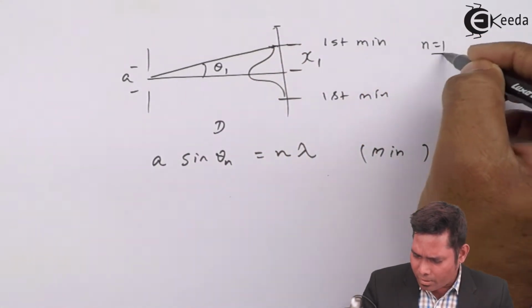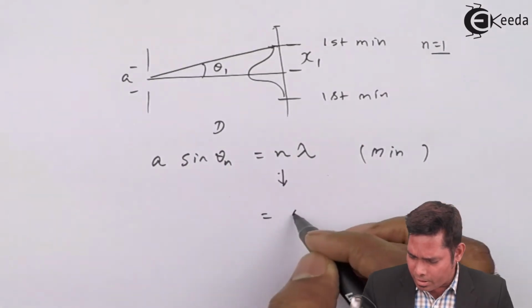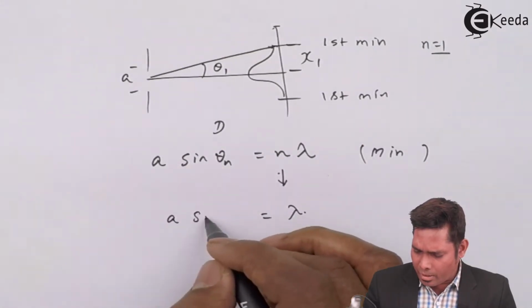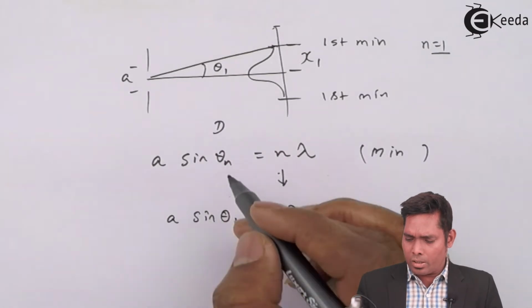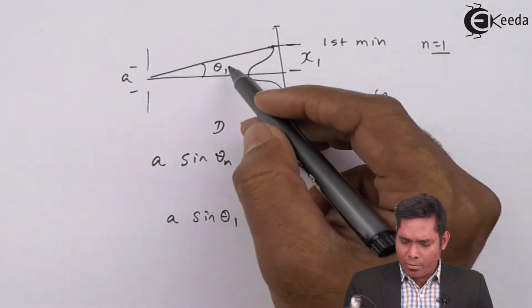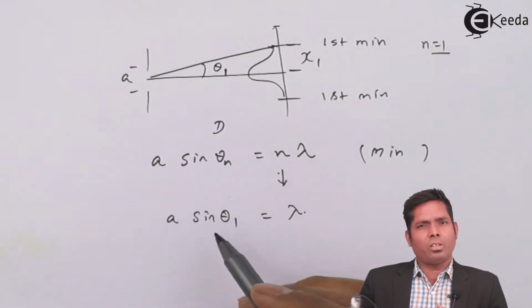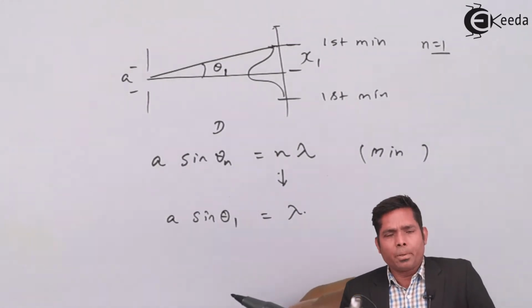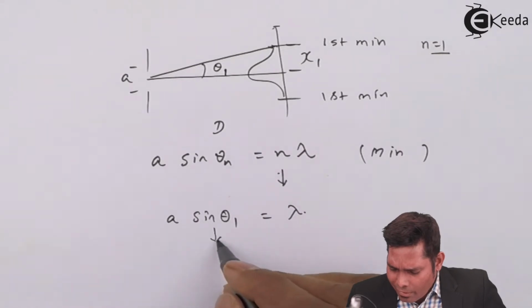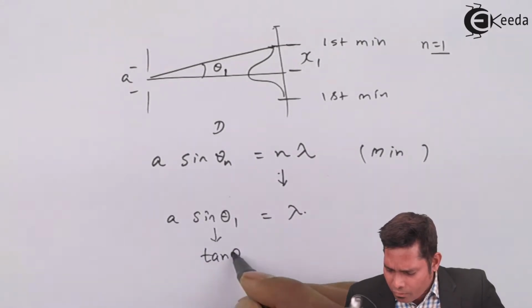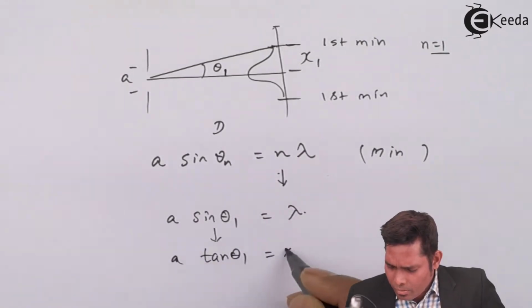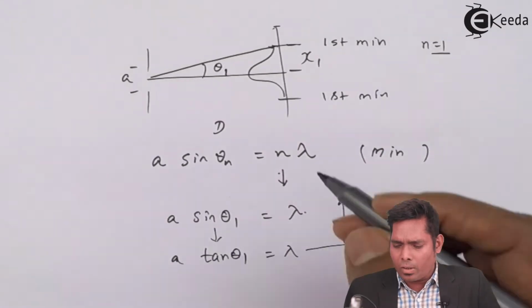Therefore n here is 1: A sine theta 1 equals lambda. This theta is very, very small, so I'll write sine theta 1 as tan theta 1 for my calculations of the length.